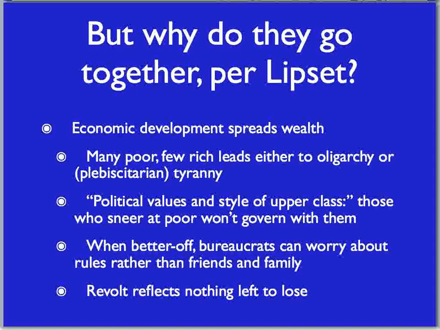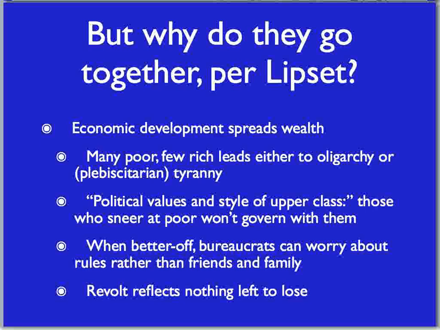A second reason that spreading wealth contributes to democracy is that in a situation where lots of people have some money, the political values and style of the upper class won't be so sharply distinct from those of the lower classes.